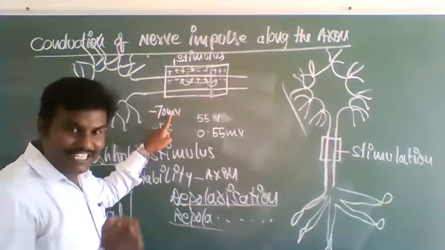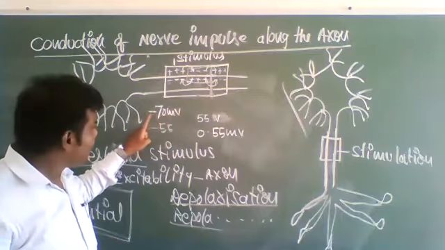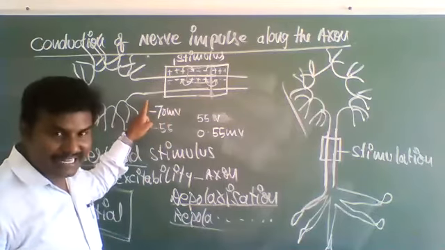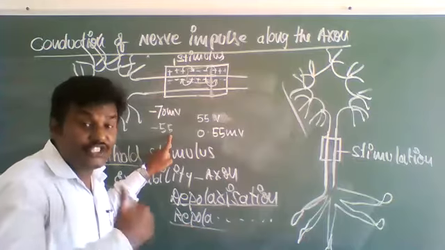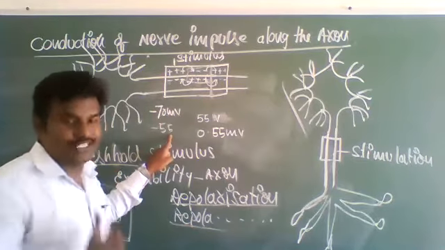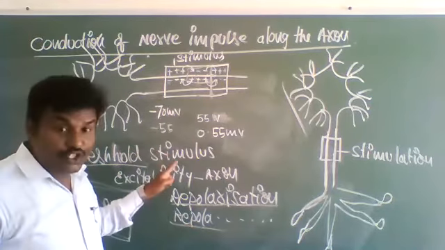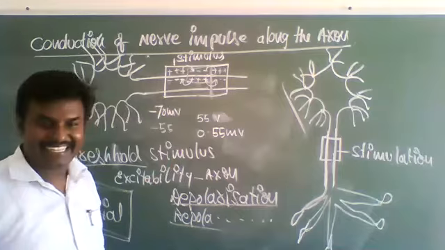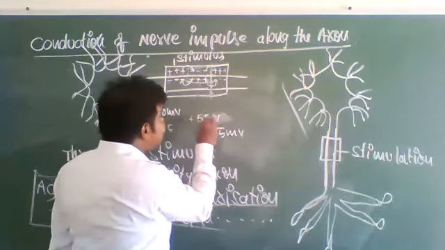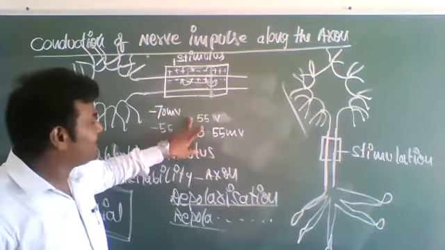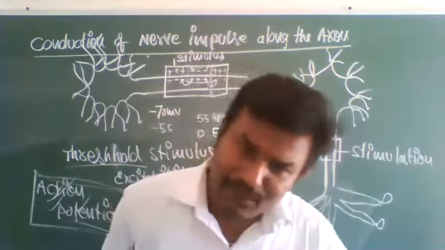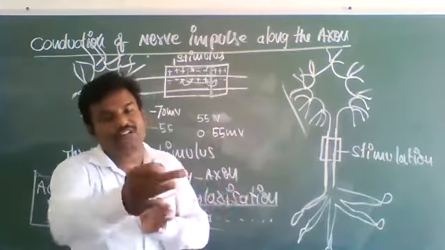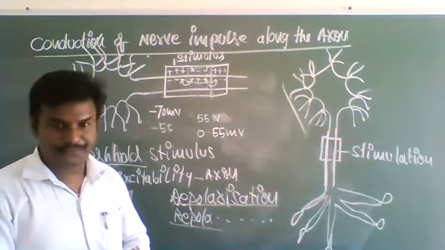When initiation slowly happens, at that time minus 70 becomes minus 60, minus 60 becomes minus 55. That is the initial stage of the stimulus. When that stimulus reaches its peak, then it becomes plus 55, not minus 55, to 60. In some books they give 55, in some books they give 60. But you can write it between 55 to 60.